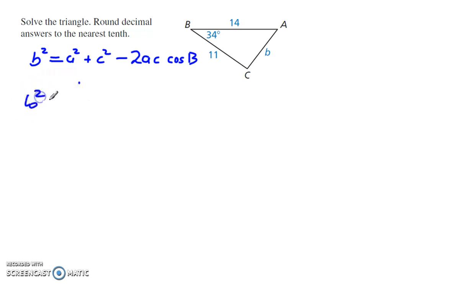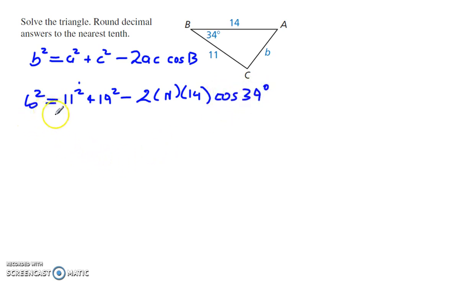B squared is equal to 11 squared plus 14 squared minus 2 times 11 times 14 cosine 34.